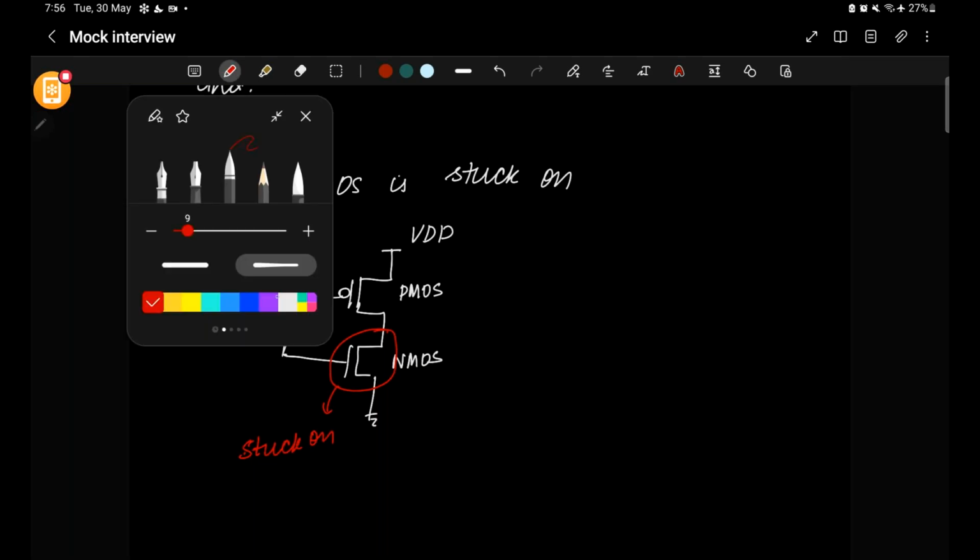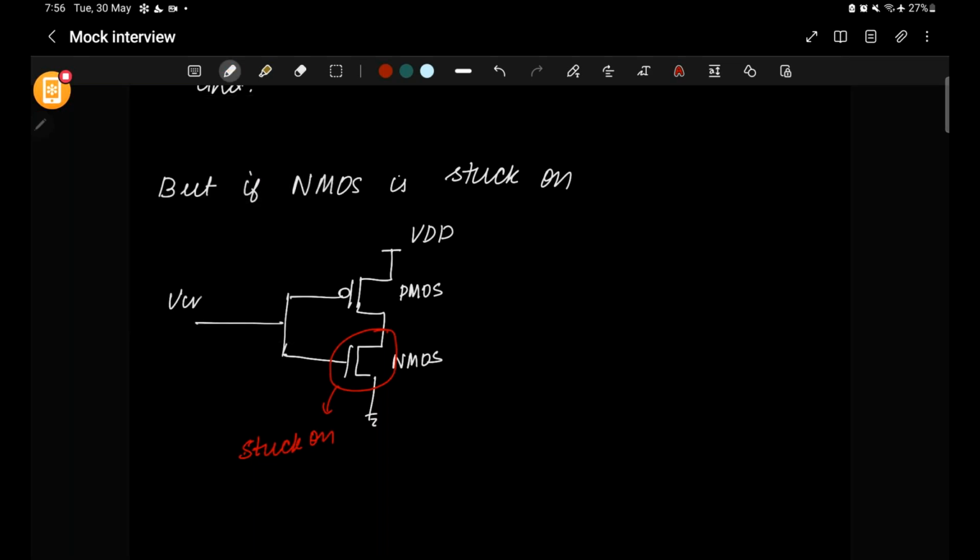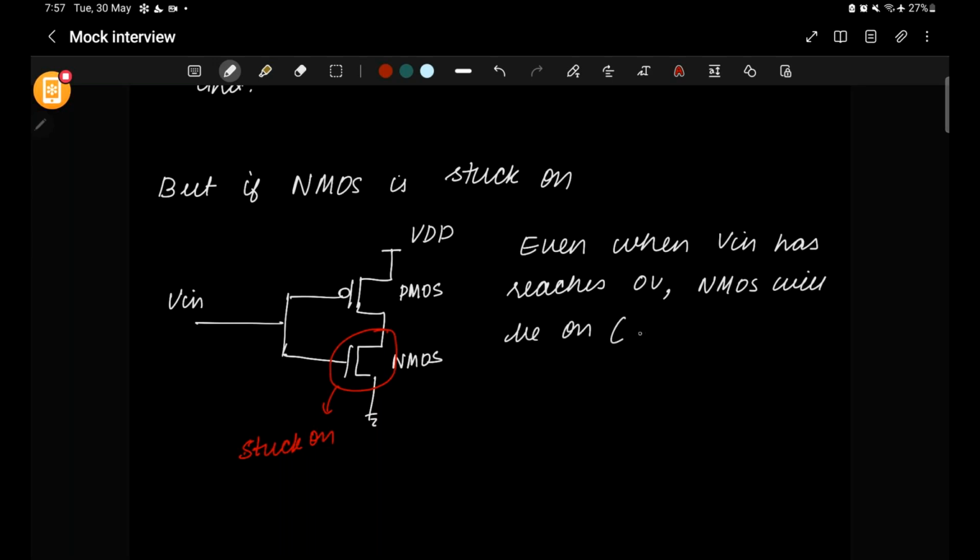So what will happen now? This is Vin. In this case, even when Vin has reached 0 volt, NMOS will be on, because it has a fault, the stuck on fault.